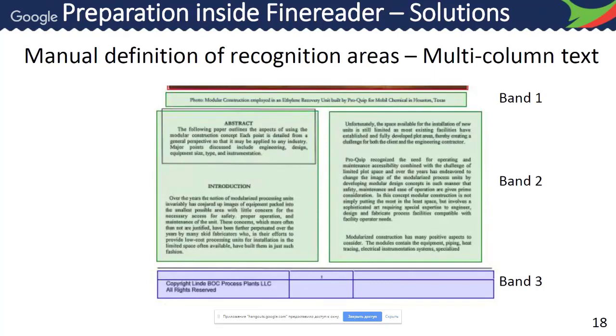This is personal preference. For this simple case, I could use a text area, but I prefer to use tables for most headers and footers because they make it simpler to format the document afterwards. More information about dividing each page into recognition areas is provided in the downloadable brochure.